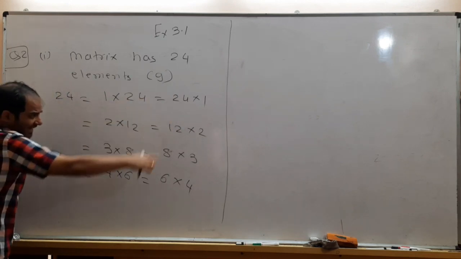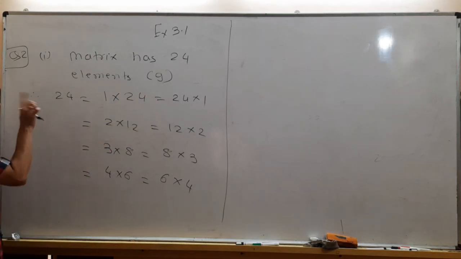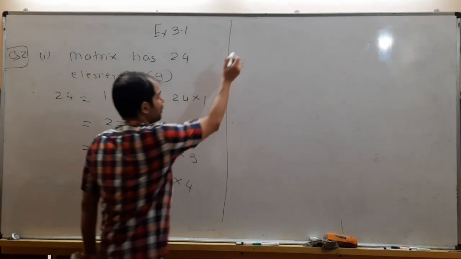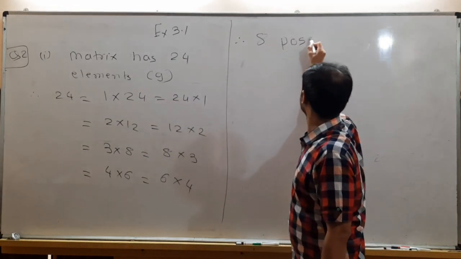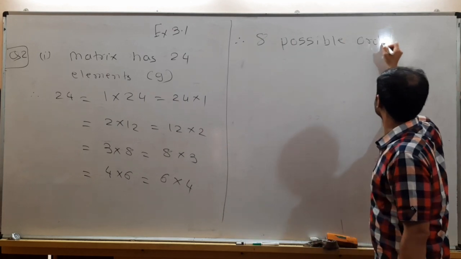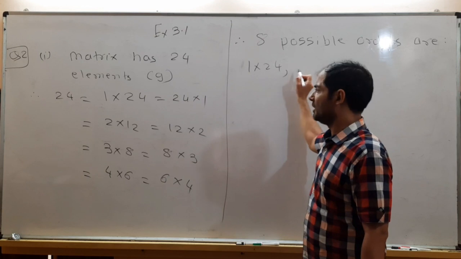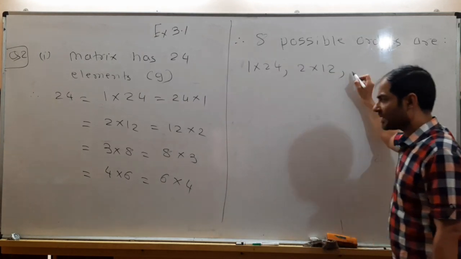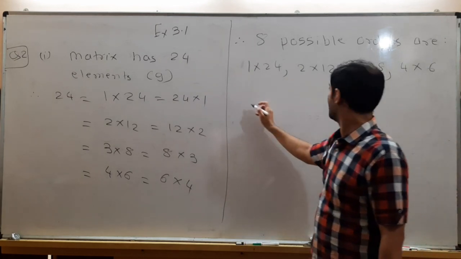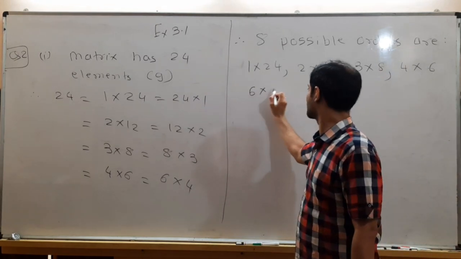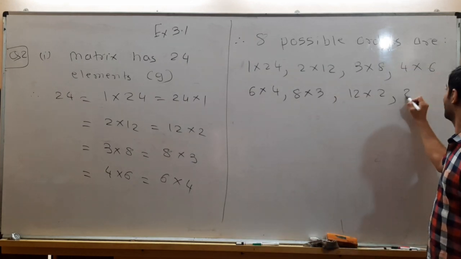In this way, 8 different ways. And these all different ways are the possible orders of this matrix. So 8 possible orders are 1 into 24, 2 cross 12, 3 cross 8, 4 cross 6, then 6 cross 4, 8 cross 3, 12 cross 2 and 24 cross 1.